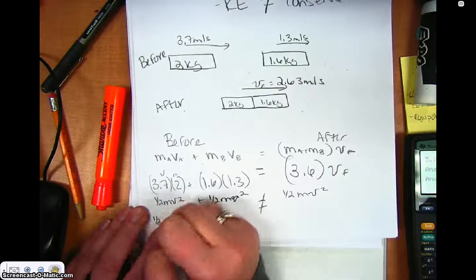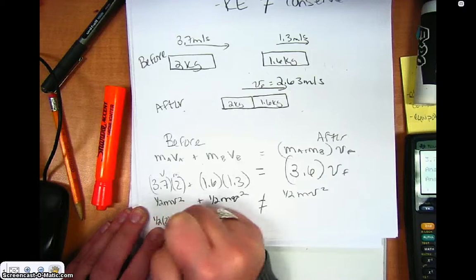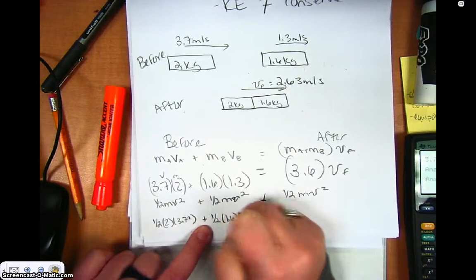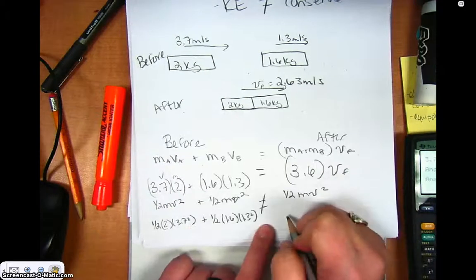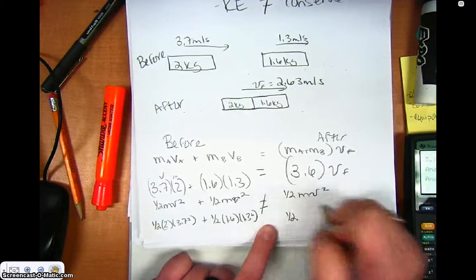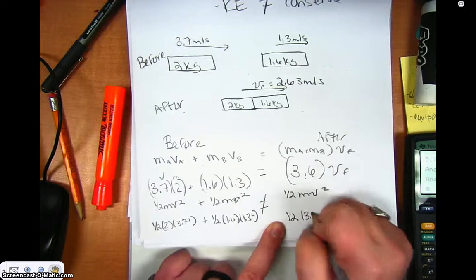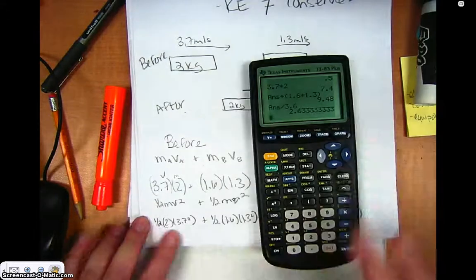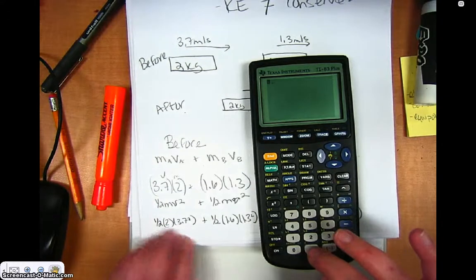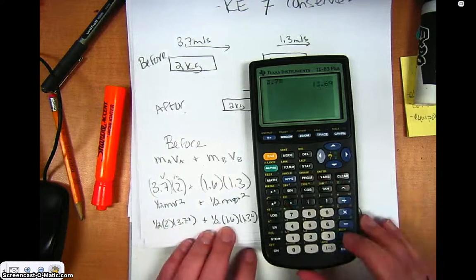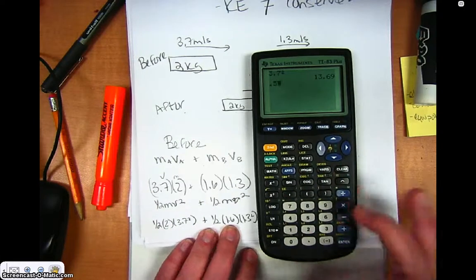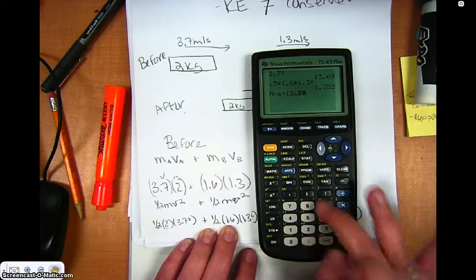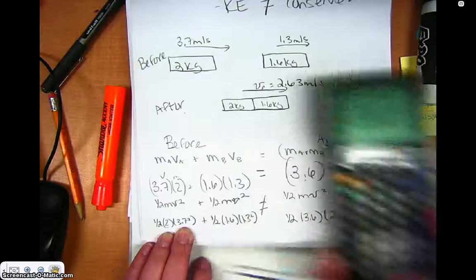So 1/2 times the mass of 2 times 3.7 squared, plus 1/2 times the mass of 1.6 times 1.3 squared, is not going to be equal to 1/2 the mass of the whole system, because the whole thing's moving, 3.6, times the final velocity we got, 2.63 squared. Over here, 0.5 times 2 times 3.7 squared gives 13.69, and we'll add that to 0.5 times 1.6 times 1.3 squared. On the left-hand side, I get about 15.04 joules.